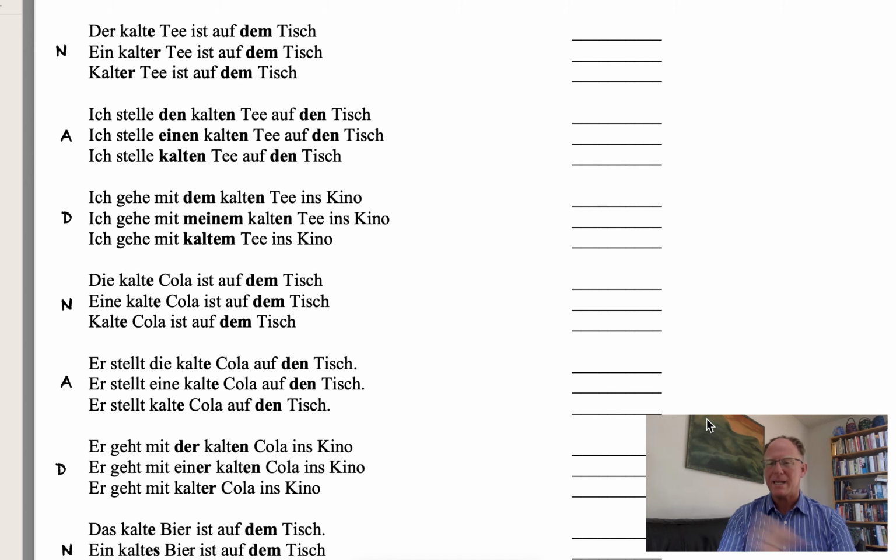The cold tea is the direct object. And remember that in German, the changes that happen to direct objects are called the accusative case changes.